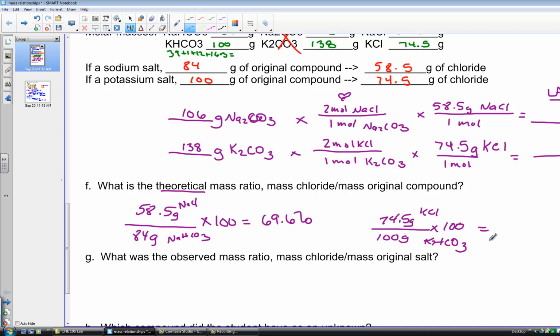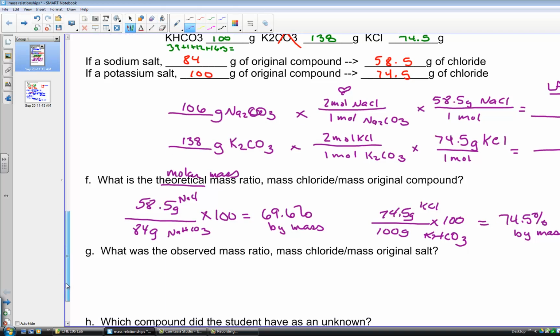74.5 divided by 100 is the molar mass. Move your decimal for a percentage, and we literally get 74.5% by mass. A mass percentage. So using molar mass for theoretical ratio.